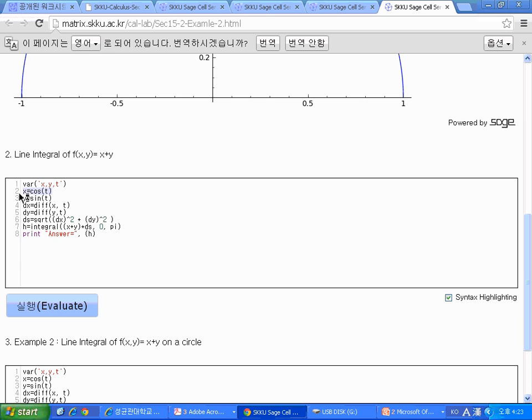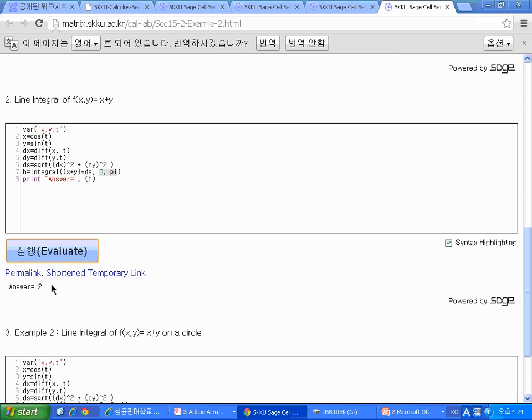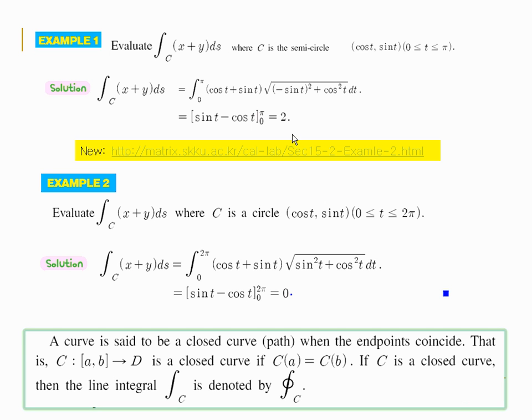We know x is cosine t and y is sine t, and ds is the square root of dx squared plus dy squared, over t. So all we have to do is integrate x plus y times ds from 0 to pi. Then this gives us the answer, which is 2, as you see here. If you just substitute in like this, this one variable integral can be easily computed.